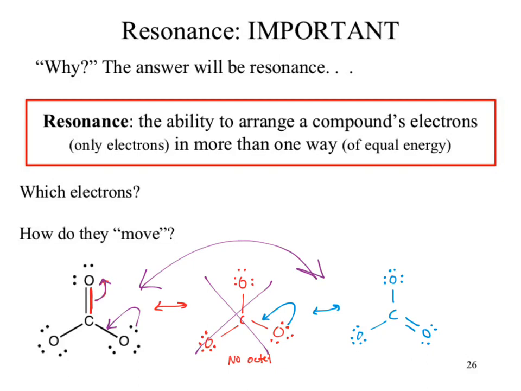Why is that last one better than the purple one? It has an octet. Why is that last blue one equivalent to the black one? As a hint, it's not shown on either structure. Why are they similar energy? The formal charge.